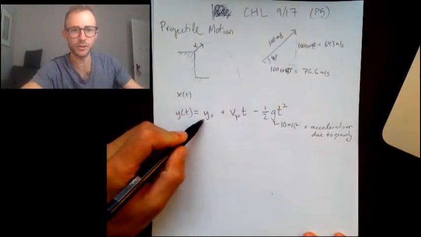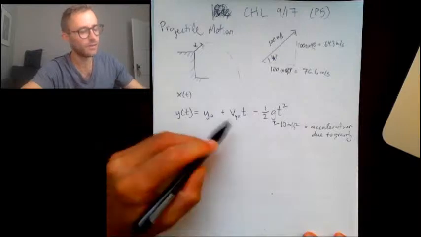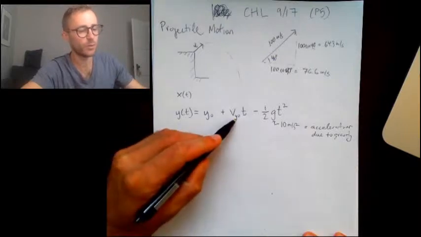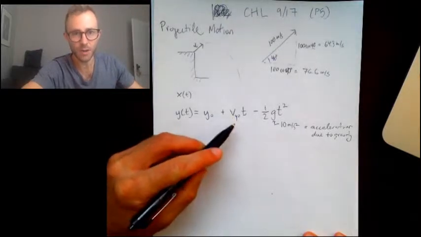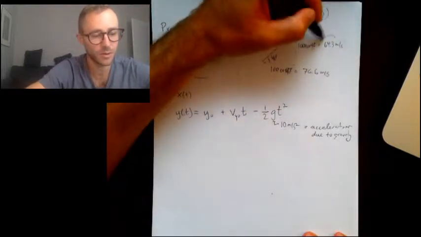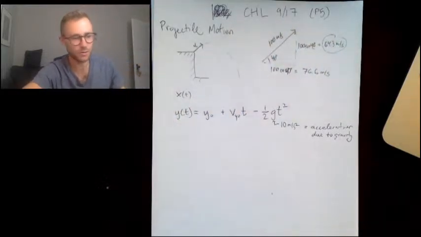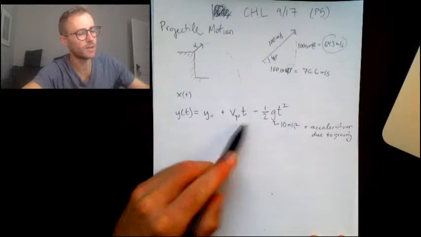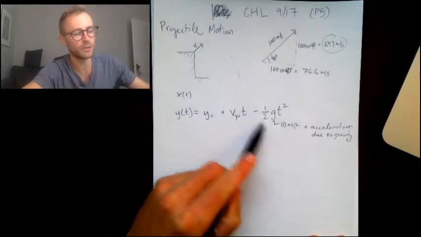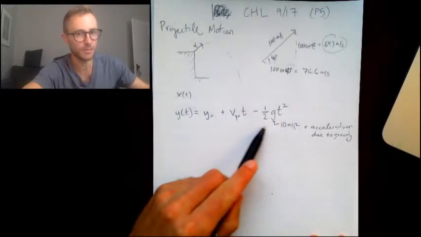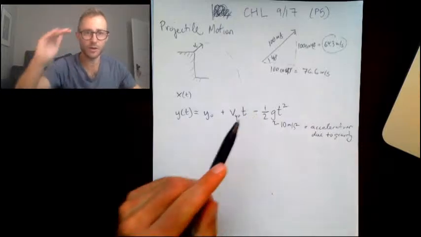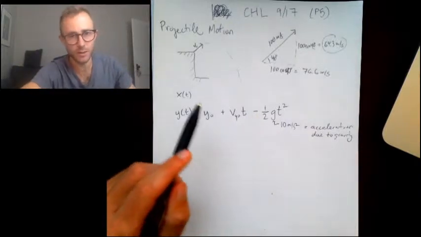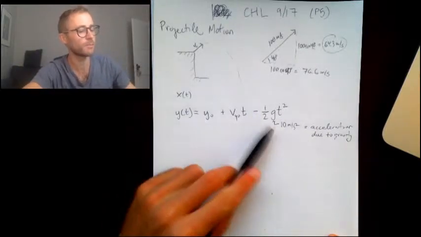So y naught is the initial elevation. The v y naught would be the initial y velocity, so that would be this number if we had that exact launch. And then negative 1/2 g t squared is the acceleration term. You can see it's negative because gravity curves the trajectory downward. Gravity accelerates downward.